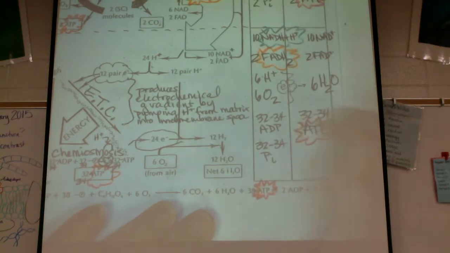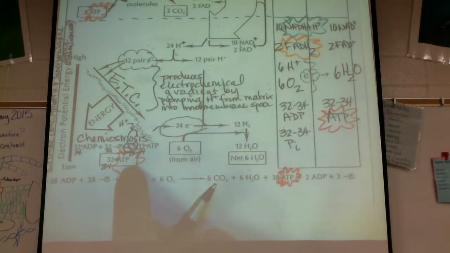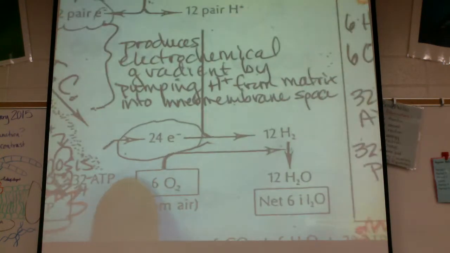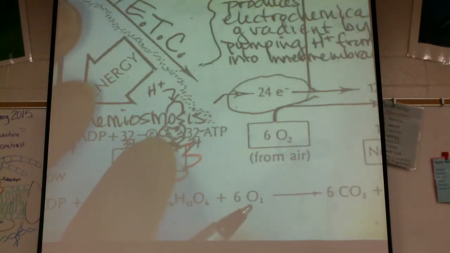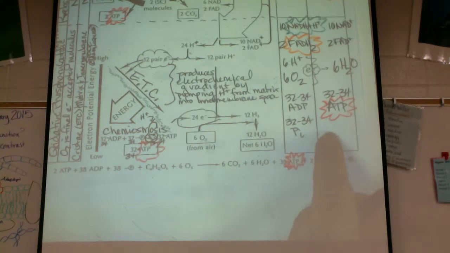What that means when all is said and done, remember right here, you're using the ATP synthase to be able to do this. Once you're all said and done, you're going to end up with this process right here.